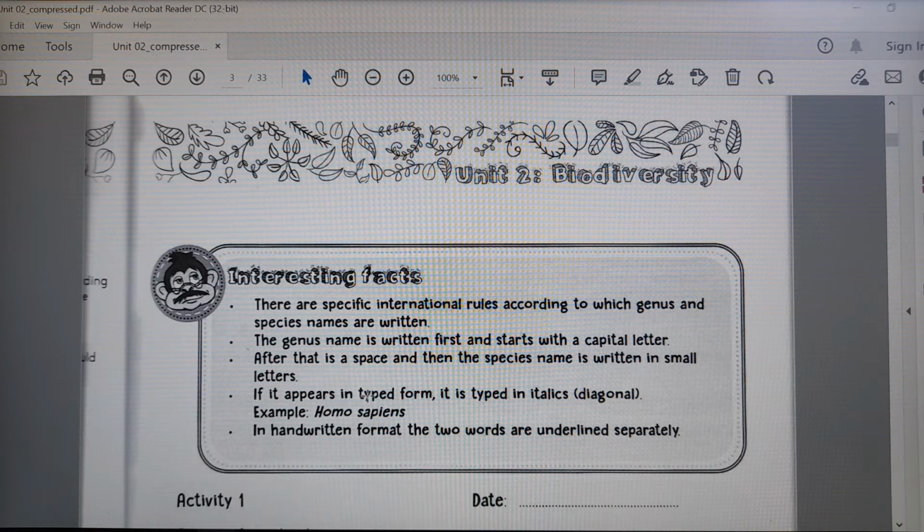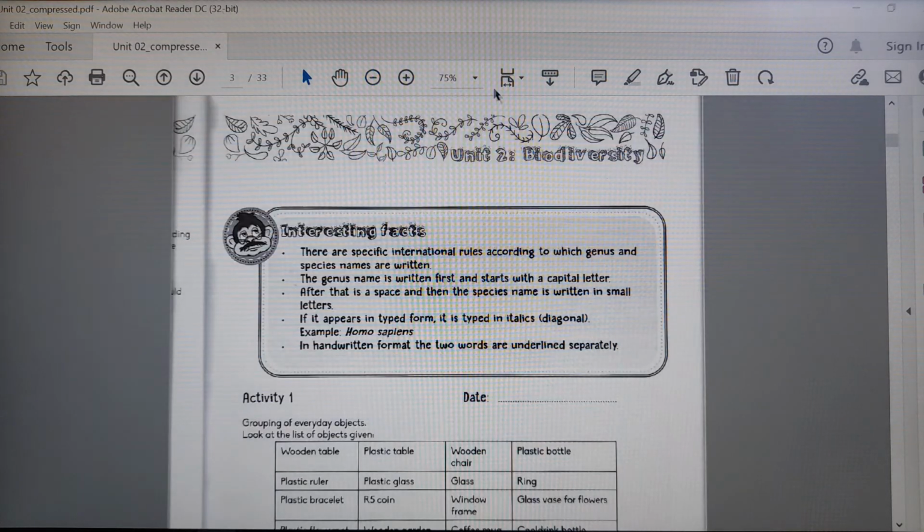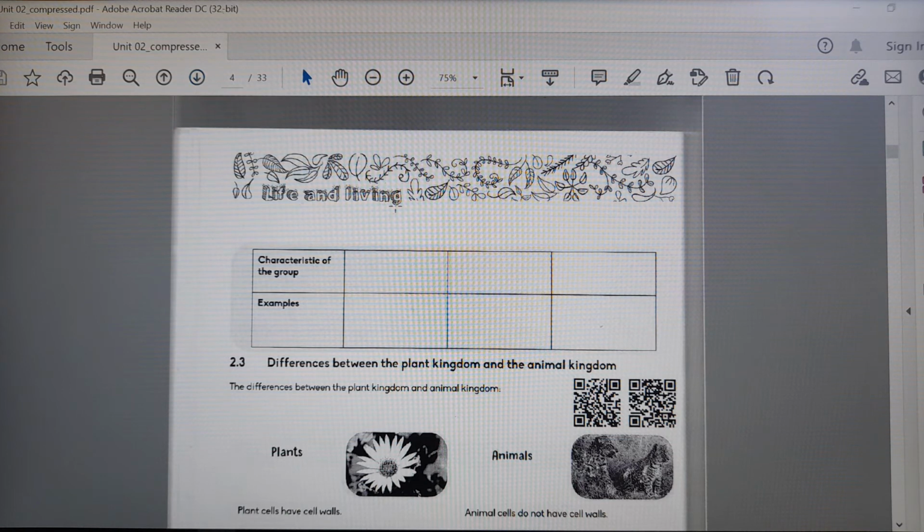If it appears in typed form, it is typed in italics or diagonal. For example, Homo sapiens. So you see it's in italics. In handwritten format, the 2 words are underlined separately. Okay, so we just have to skip this page and continue. We know that was just for information.